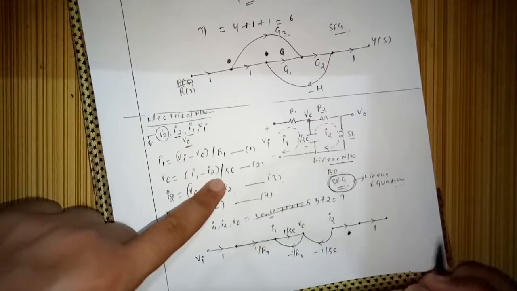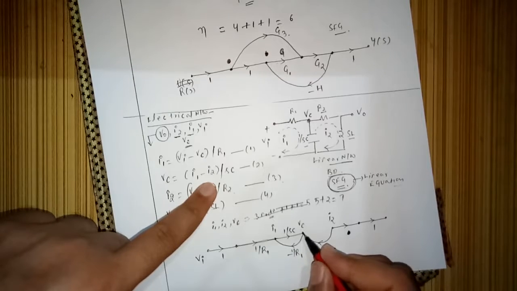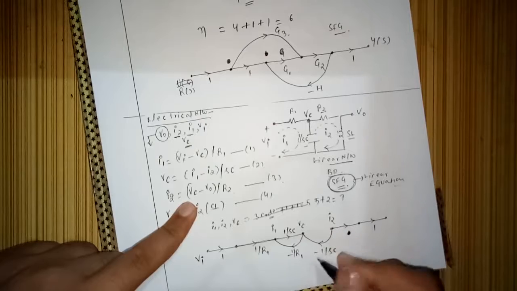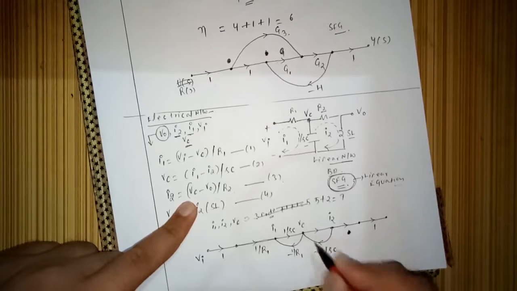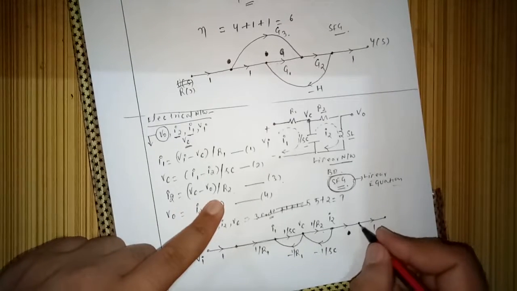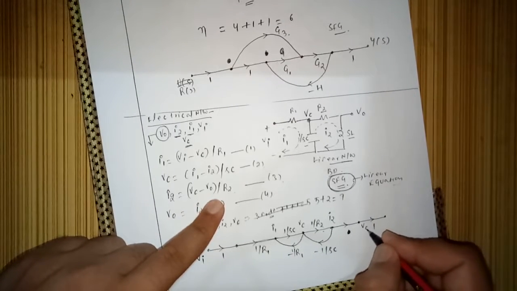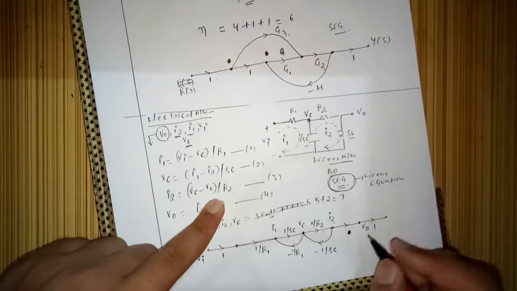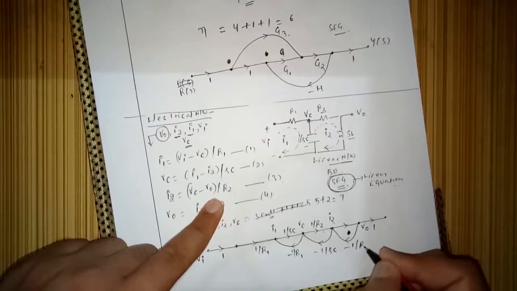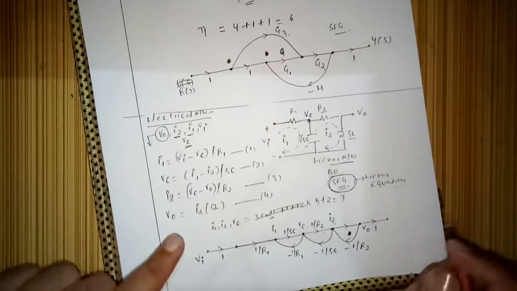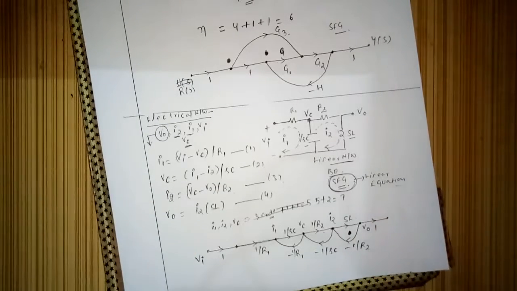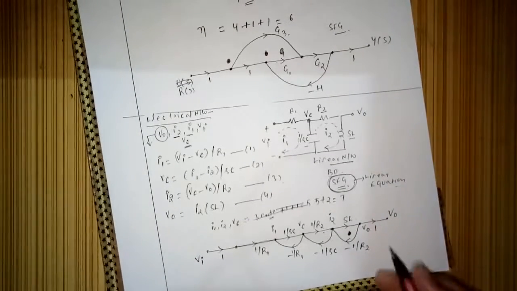I2 multiplied with minus 1 by SC gets added to the VC term, right? Now I2 is equal to VC by R2, so 1 by R2 into VC, and here it is V0, multiplied with minus 1 by R2 and added in I2, right? And V0 is equal to I2 multiplied by SL, so here it is V0.